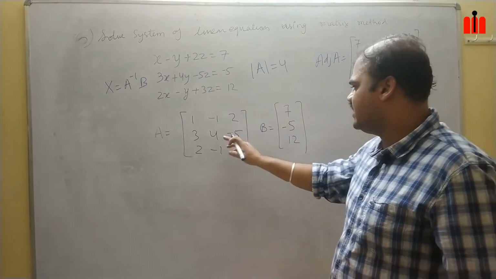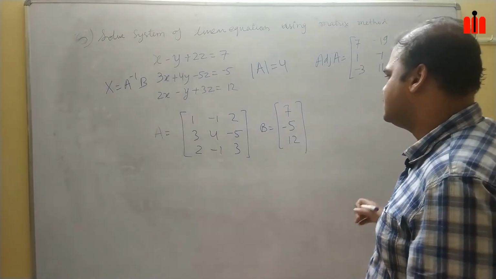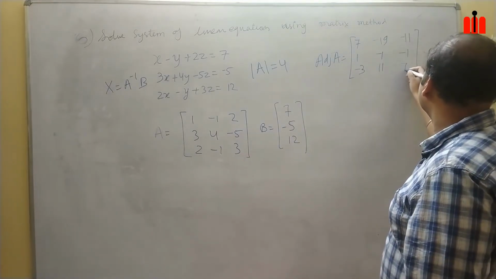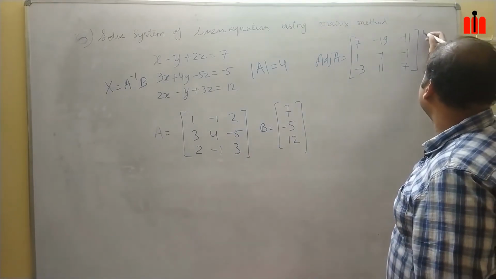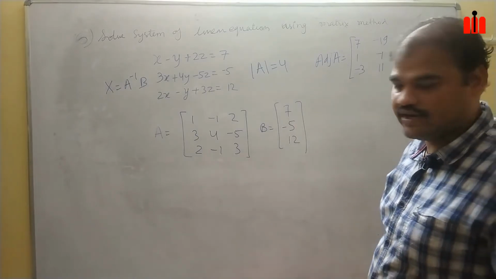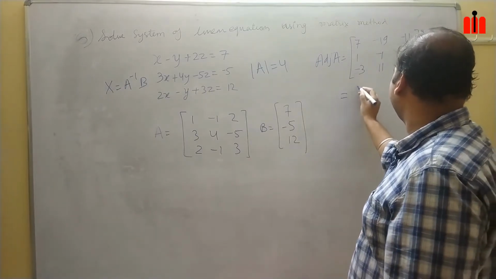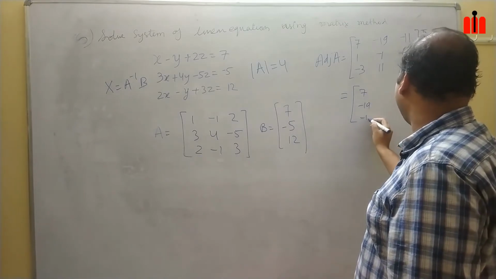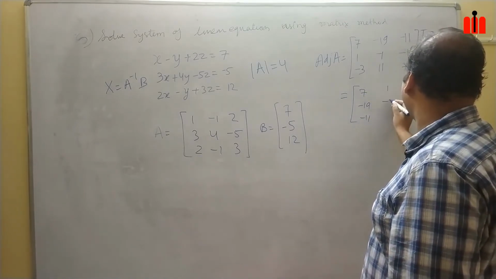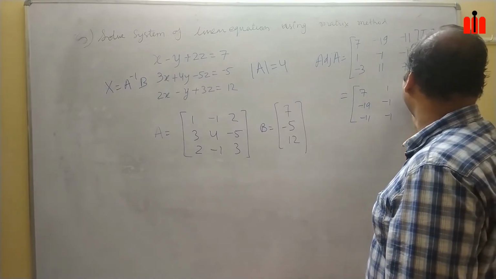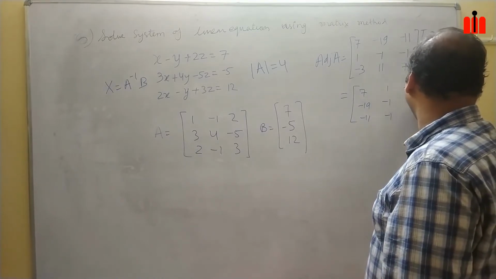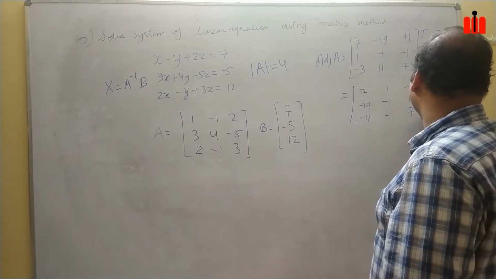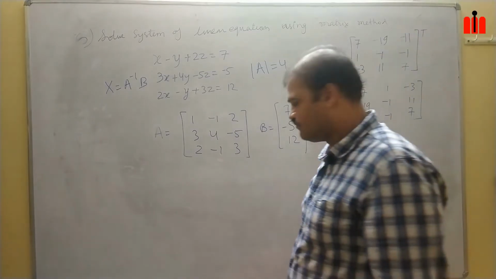And for 3, it is 4 plus 3, so it is 7. And the transpose of this will be the adjoint, right? So the transpose will be 7, minus 19, minus 11, 1, minus 1, minus 1, minus 3, 11, 7. So this will be the adjoint A.